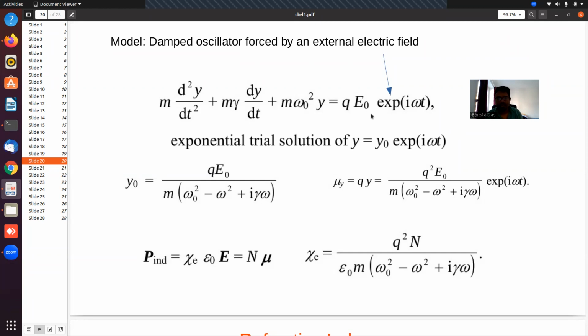So in the linear response regime, we need not consider any friction or any external electric field. The main assumption is linear response.